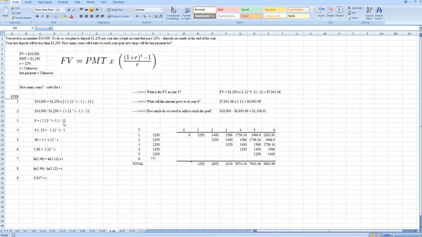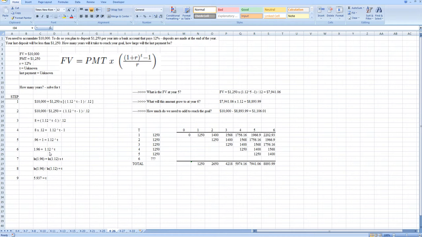We'll then multiply both sides by R, and we're left with 0.96 is equal to 1.12 to the power T, but we also at the same time will add 1 to both sides. So now we have 0.96 plus 1 is equal to 1.12 to the power T. From this point it should be pretty easy.